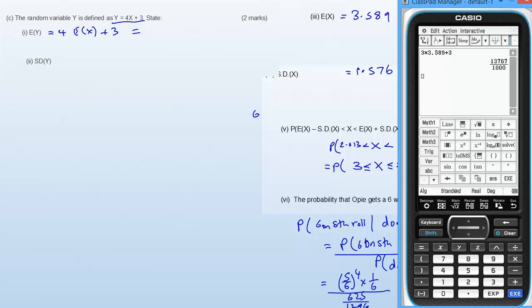So maybe go for decimal. 13.767, and that doesn't look right, does it? No, it's 4 times, that's why. 17.356.